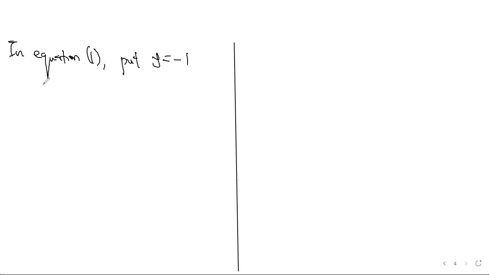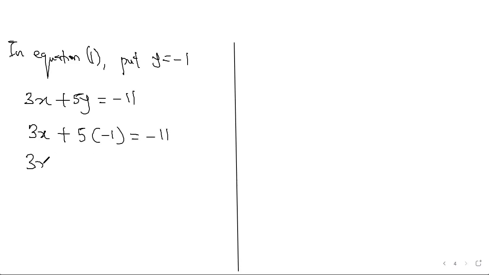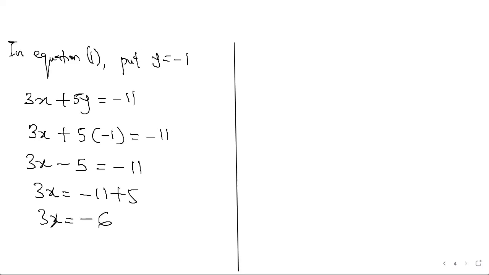So if you put y equals minus 1, you have 3x plus 5y equals minus 11. 3x plus 5 into minus 1 equals minus 11. 3x, so plus times minus will give you minus 5 times 1 is 5, equals minus 11. Then you have 3x equals minus 11 plus 5. 3x equals minus 6. Minus 11 plus 5 is minus 6. Divide both sides by 3, and x will be minus 3. So you have x as minus 3 and y as minus 1.